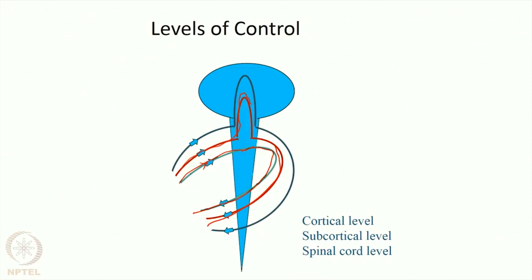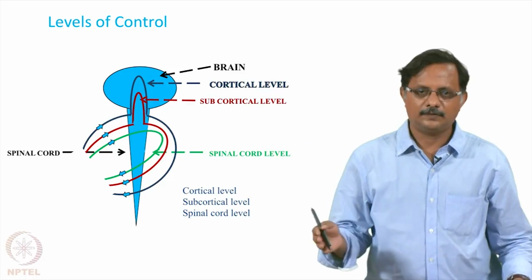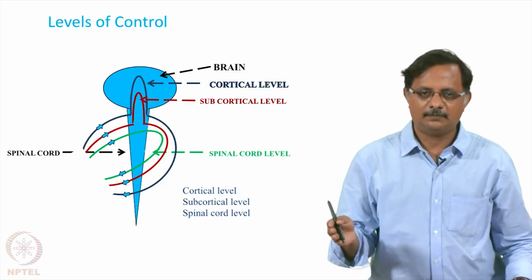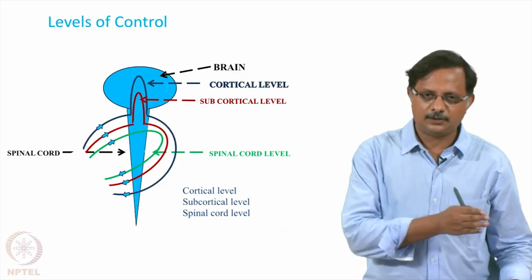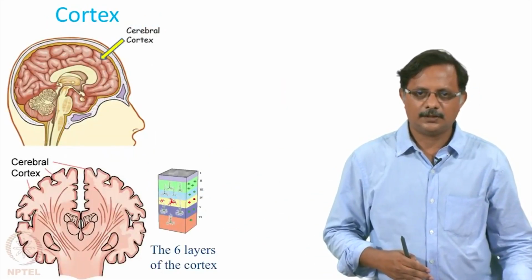Okay, that is the subcortical level, and the cortical level consists of a much longer pathway where you receive input from outside and it goes all the way to the brain surface and comes down and goes out producing movement. So these are the three broad levels of control in the brain, if you think of brain function as simply a long pathway from the sensory to the motor areas. Okay, so that shows the cortical level, subcortical level and the spinal cord level.